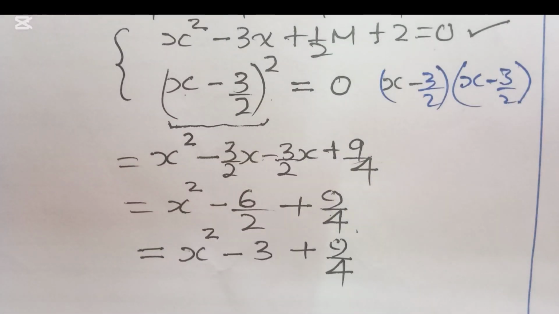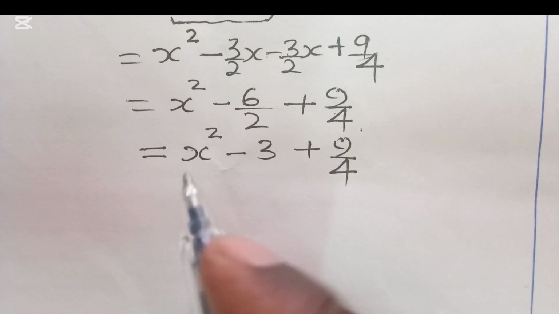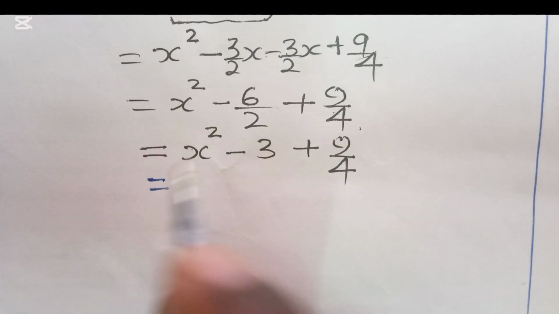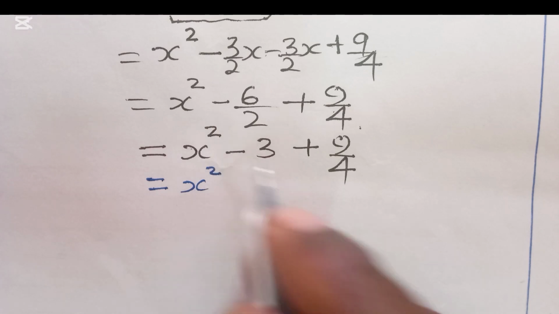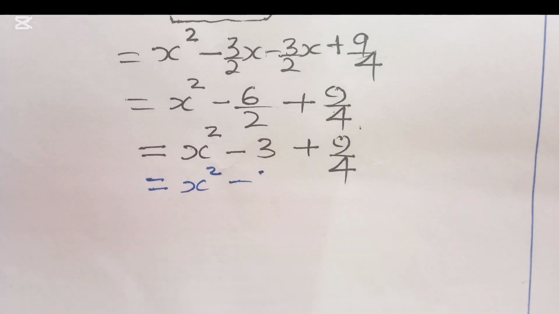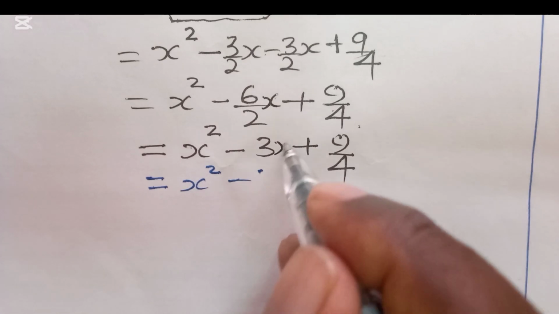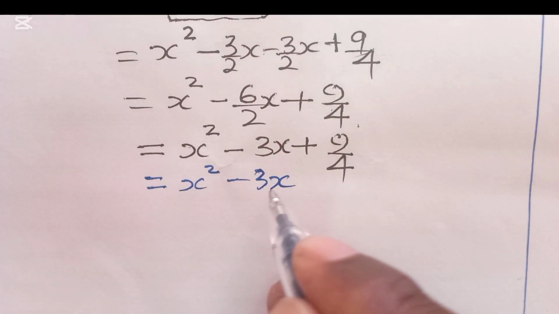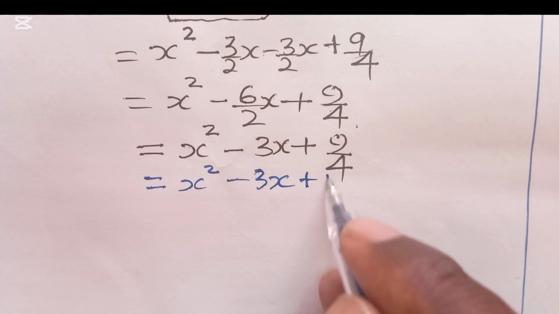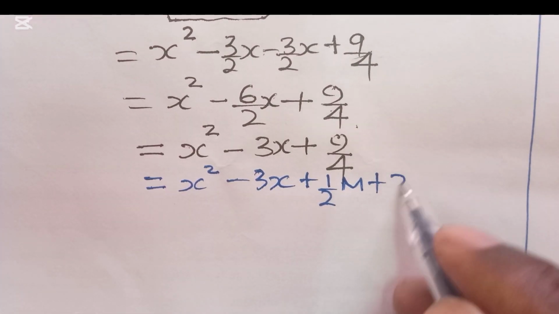And so we come here and write the equation again. Our equation is x squared minus 3x plus I have m plus 2.